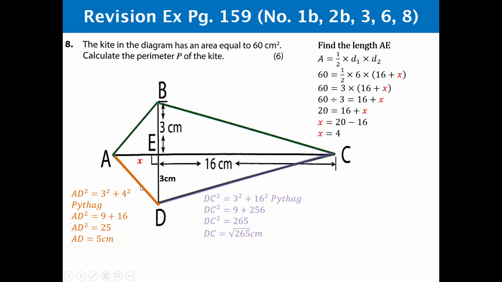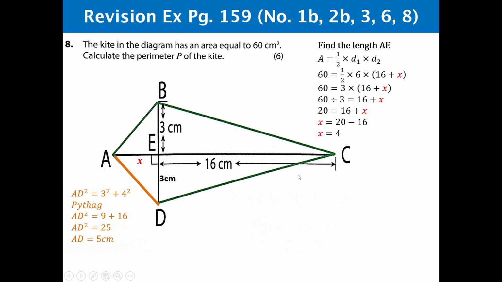If you use Pythag to work out AD squared, you're going to get it to equal 25, and then if you square root that, you're going to get 5 centimeters. And if this part is 5 centimeters, I know that AB will also be 5 centimeters because the adjacent sides of a kite are equal.